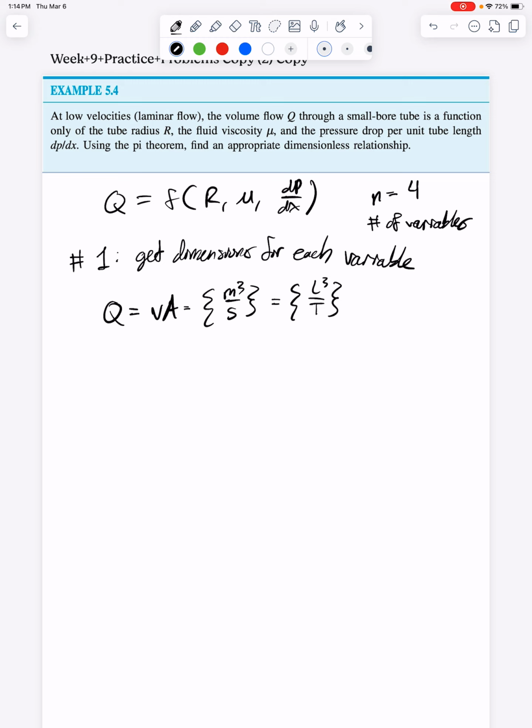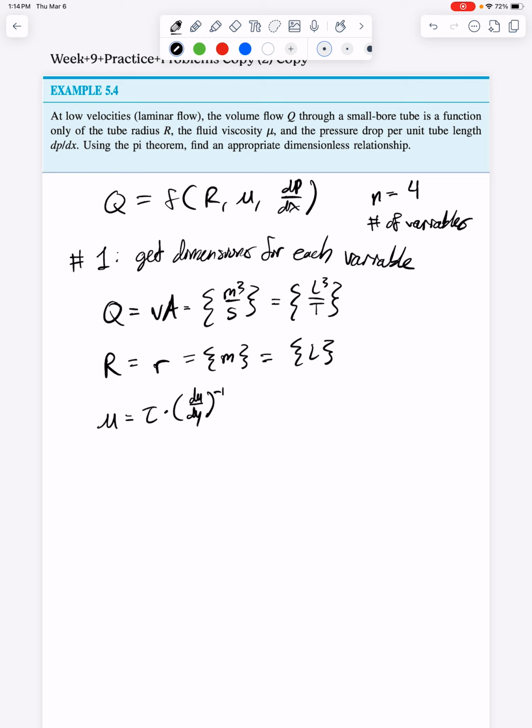Next up, R for radius. R is lowercase r, usually in meters. It's the SI unit, which is a unit of length. Viscosity, mu. There are really complicated expressions for mu, but the one we see in class is the Newtonian fluid one, shear stress times the inverse of strain.